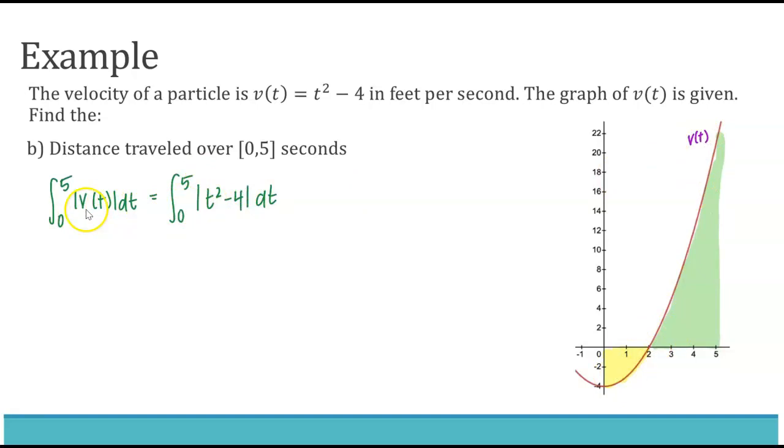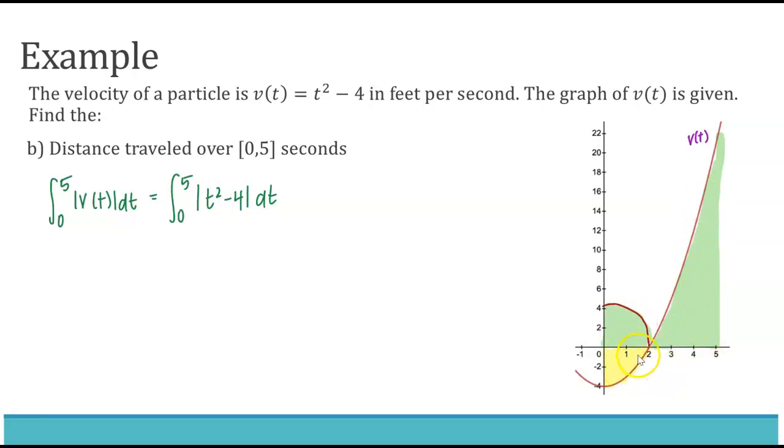When we're working with the absolute value of v of t, it takes any part of the function that's below the x-axis and makes it positive. So it essentially reflects that part up and makes that area positive. So we need to find the area that's below the x-axis and make that positive, and then add it to the area that's above the x-axis.